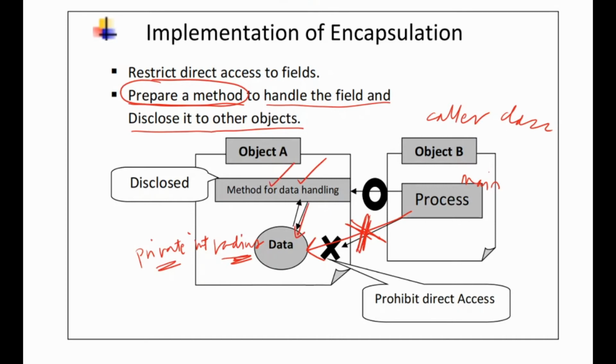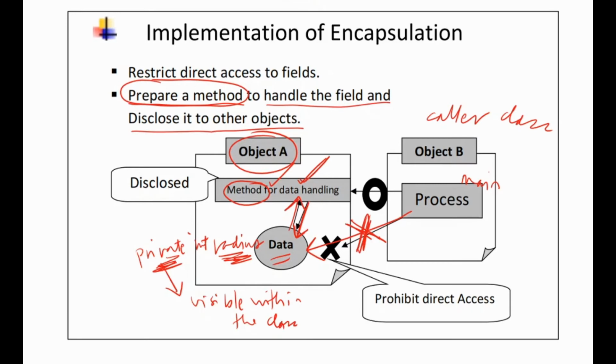So this method that we prepare is the one which can directly access the private data. And it is possible, of course, because this method is within the owner class of the data, which is radius. So they are in the same class. And remember that private fields or methods are visible within the class, but not outside the class.